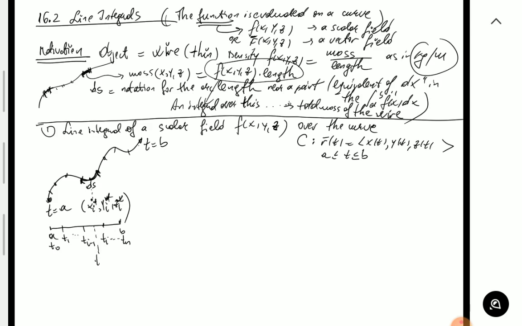Then you pick an intermediate point on the domain, let's say ti star, and when you plug it into the curve itself, that results in an intermediate point on the curve. Okay, so the Riemann sum is the summation with the function evaluated at this intermediate point, xi star, yi star, zi star, multiplied by the arc length.